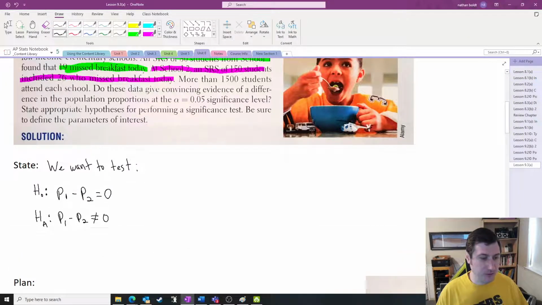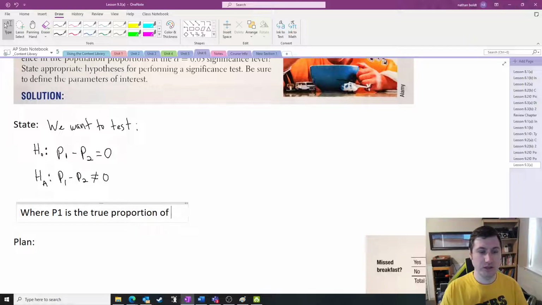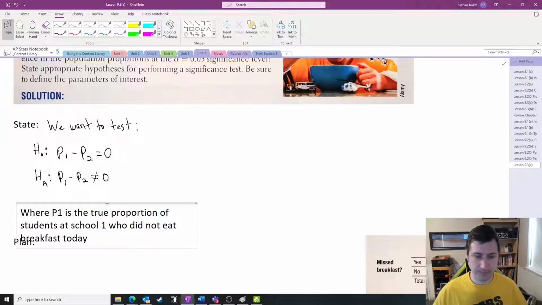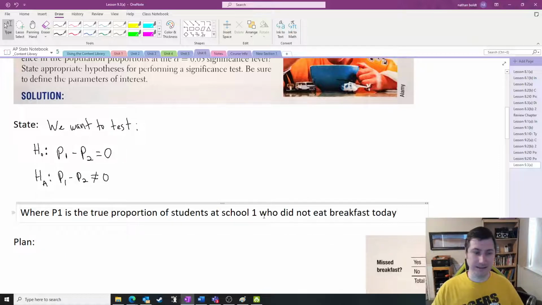Now, we introduced some variables, so we need to make sure that we define those variables. P1 is the true proportion of students at School 1 who did not eat breakfast today. So I'm just defining the two variables that I used.